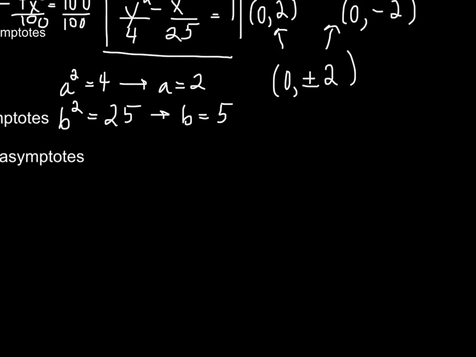Now we can find our foci with the equation c squared equals a squared plus b squared. Therefore, c equals root 29. This uses the same concept of the Pythagorean theorem from a right triangle, except that rather than a being the hypotenuse, as with an ellipse, the hypotenuse is the c value.